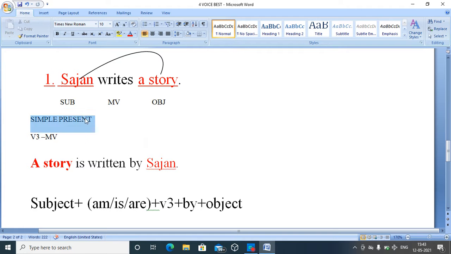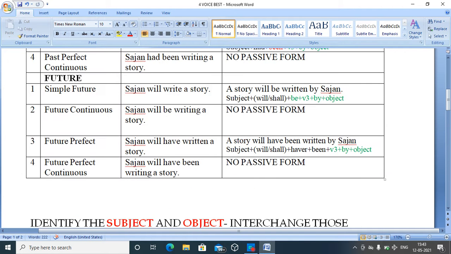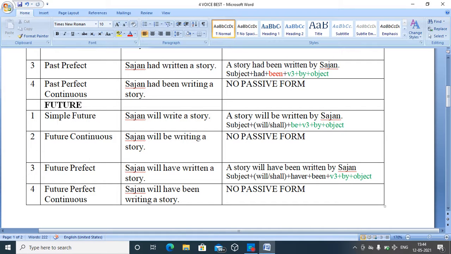And again, identifying the tense is very important. As we are looking at the table, which is already given here, this sentence belongs to this tense. It's easy, simple. But during examination time and all, you get only the question, a particular sentence. We don't even know whether it's an active statement or passive statement.